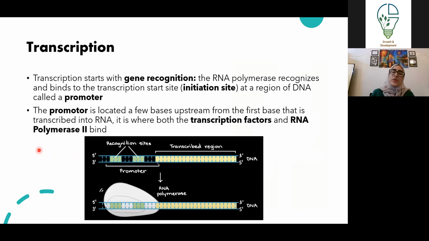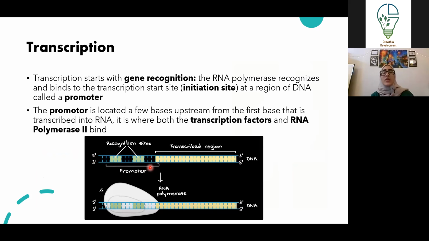Now, the process of transcription itself. How does transcription start? You have your RNA polymerase. What it does is look at your DNA and assess it for a certain gene portion. It is looking for something called the promoter region, and this is your promoter region here, okay?